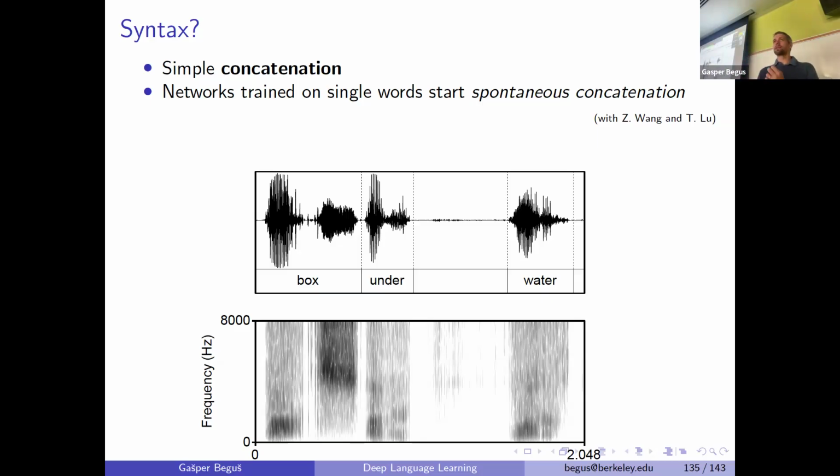Can you get something like an approximation of merge, which is such an important concept in the formal tradition, in these models? One thing that we were very surprised by is that these models concatenate words spontaneously. So the first phenomenon you observe is spontaneous concatenation.